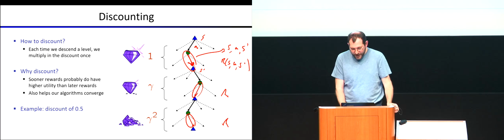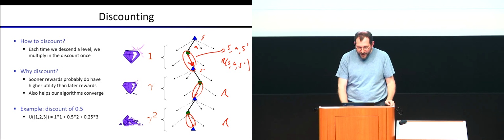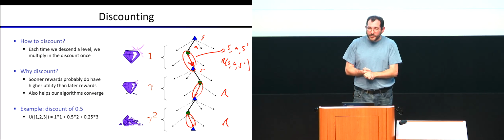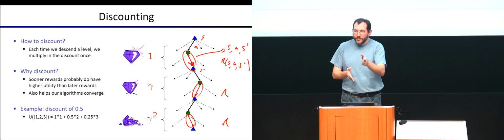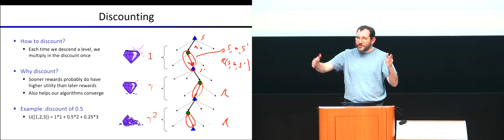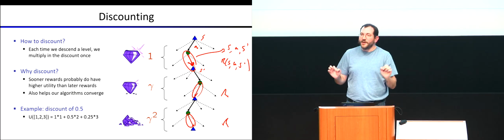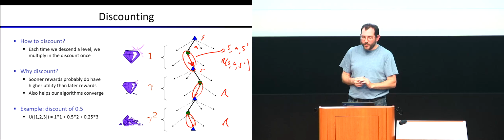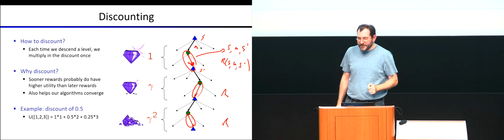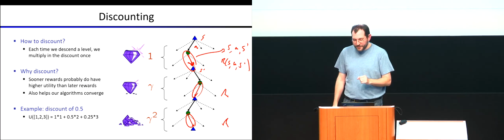Okay, so if you think about a discount of 0.5, that sequence 1, 2, 3 is not worth 1 plus 2 plus 3. So 1, 2, and 3 are the rewards. The utility of the sequence could be the sum of the rewards, or it could be the sum of the discounted rewards, which is in general what we'll do. And here that means it's 1 times 1, because it hasn't discounted yet, plus 2 at the second time step, but it gets hit with a discount, in this case 0.5.